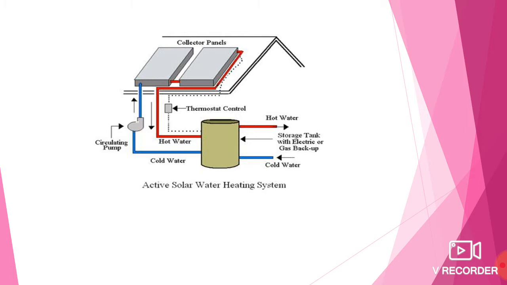Most of the hundreds of solar heated residences built throughout the world use the active systems, in which separate collectors are used to gather the solar radiation and transfer it to water or air. You can see here the collector panels will be provided, then a circulating pump, as I told you, it is active, so the circulating pump will be there.